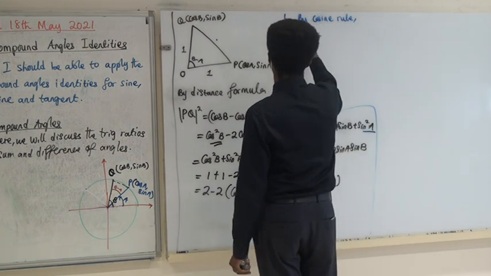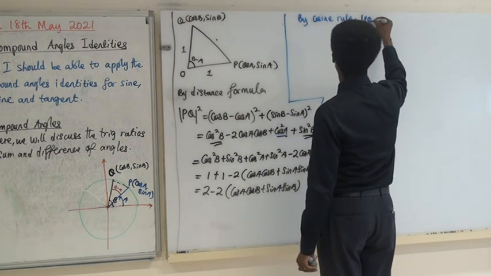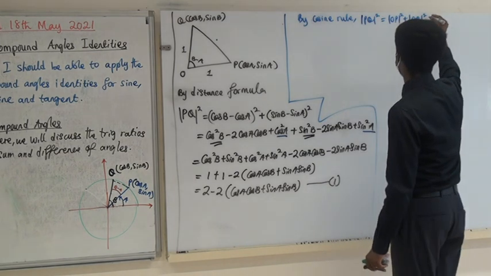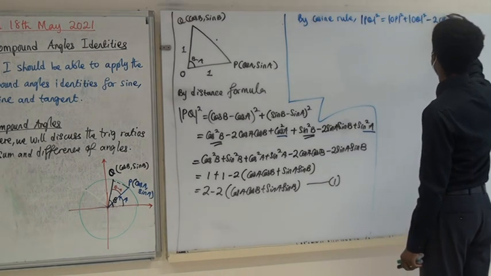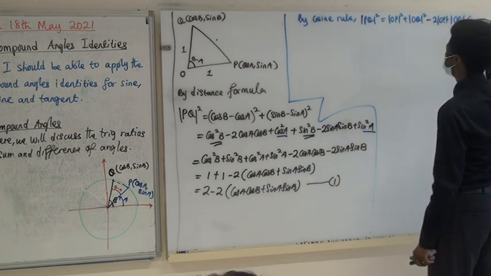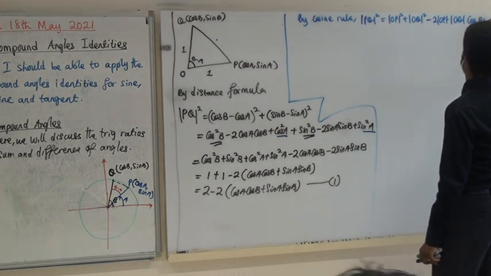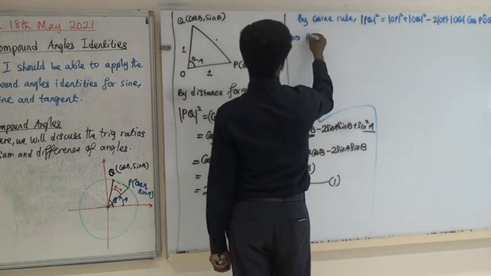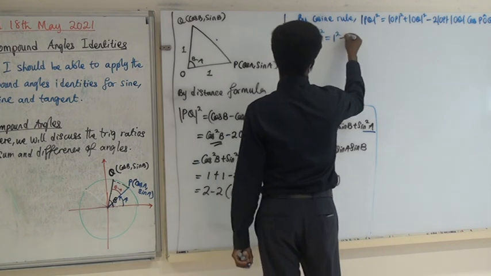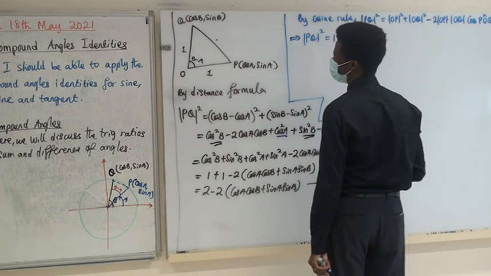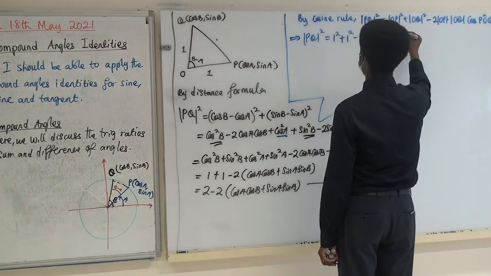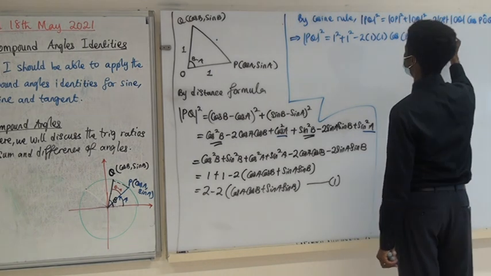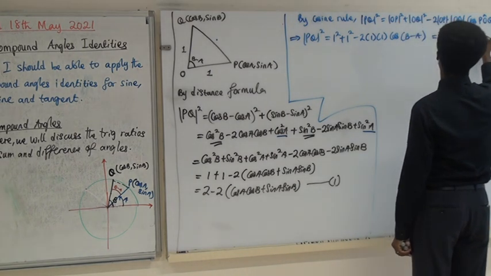So PQ squared is equal to OP squared plus OQ squared minus 2 OP OQ cos of B minus A. So PQ squared is 1 squared plus 1 squared minus 2 times 1 times 1 times cos B minus A. So clearly, this is simply 2 minus 2 cos B minus A.